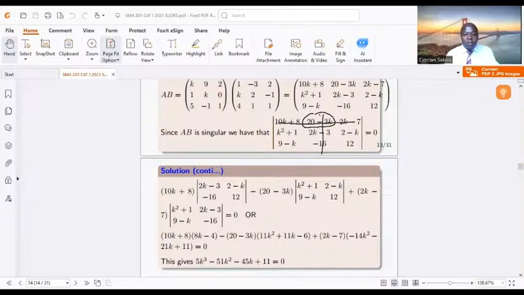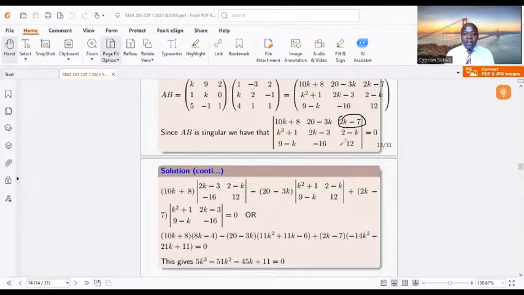Then come to the next element. Now, the third element here, as we all can see, is 2K minus 7.